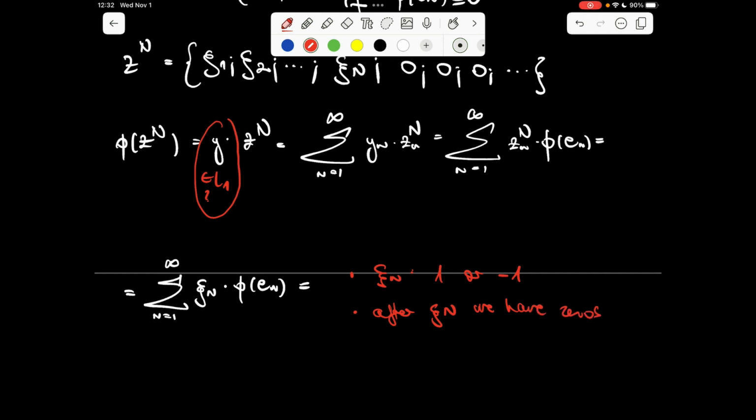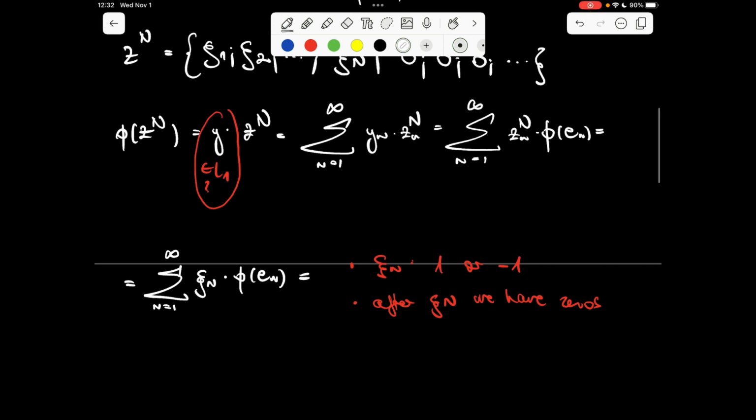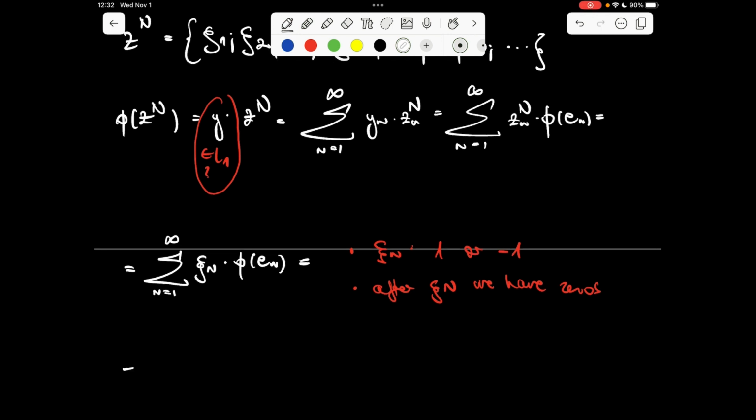So these are the two facts which we are going to use. So it equals this sum.